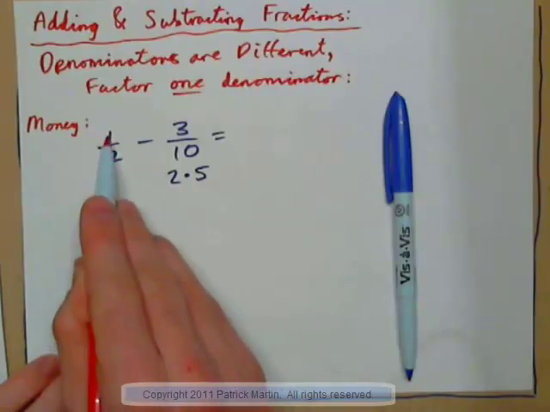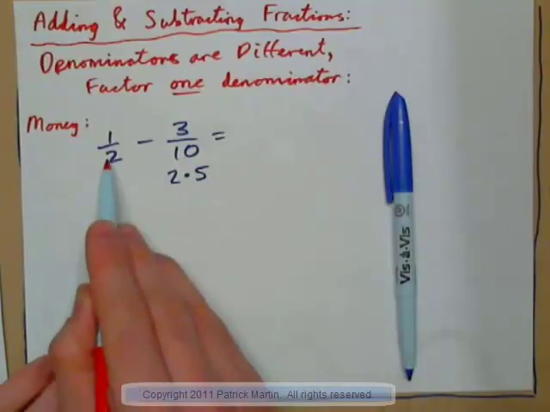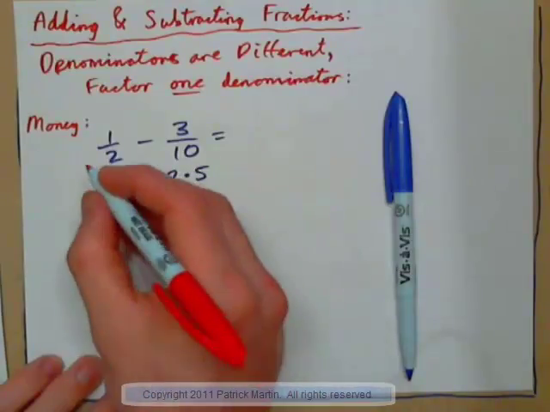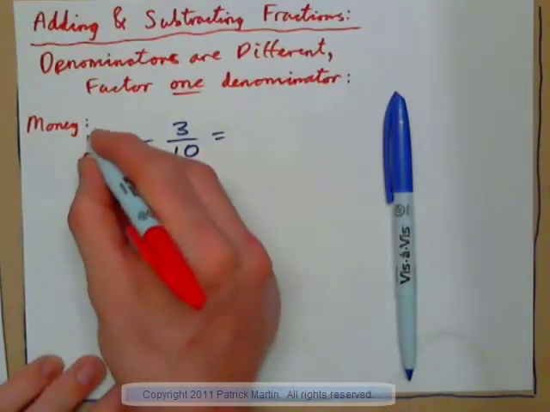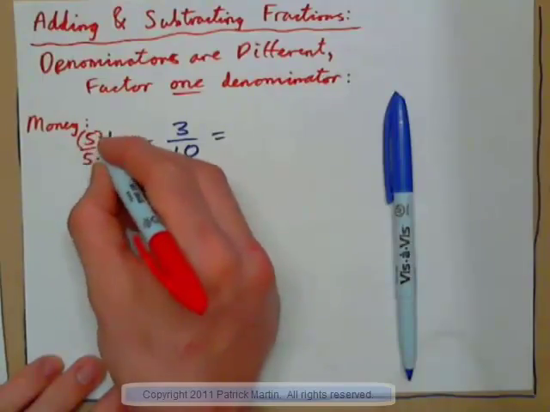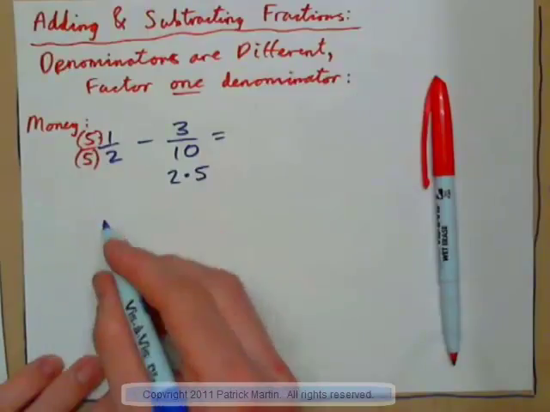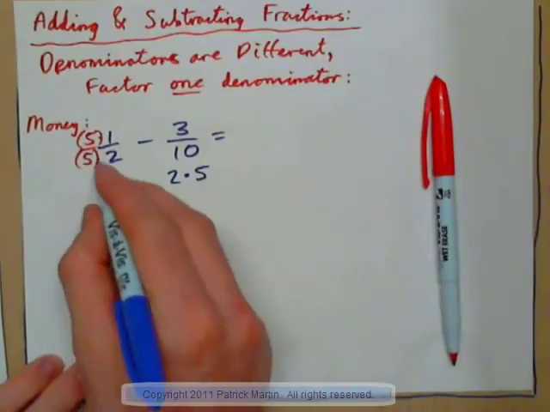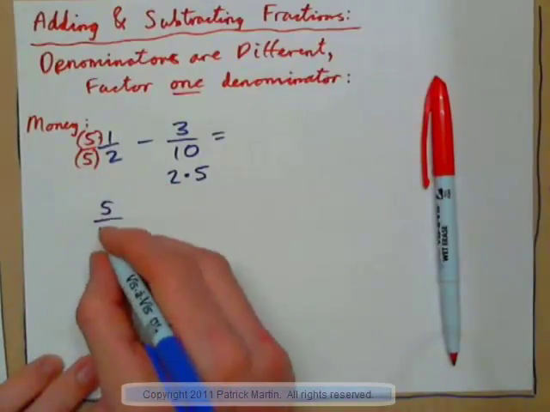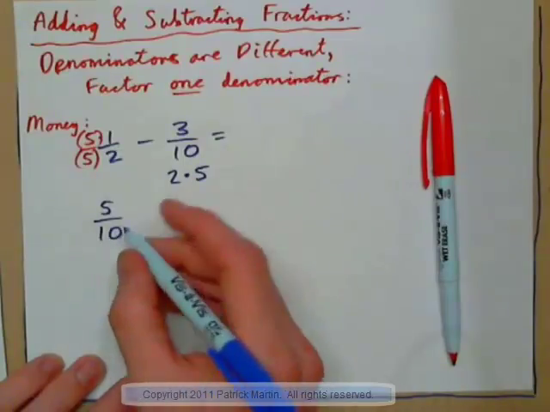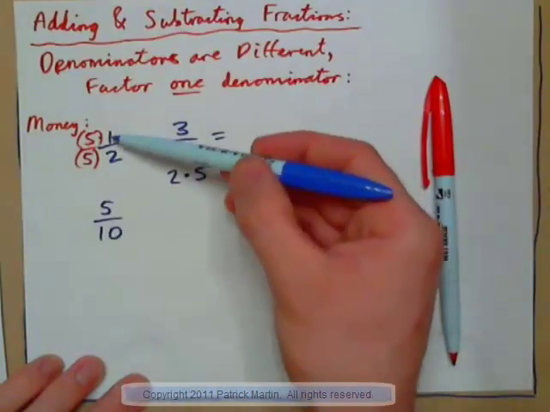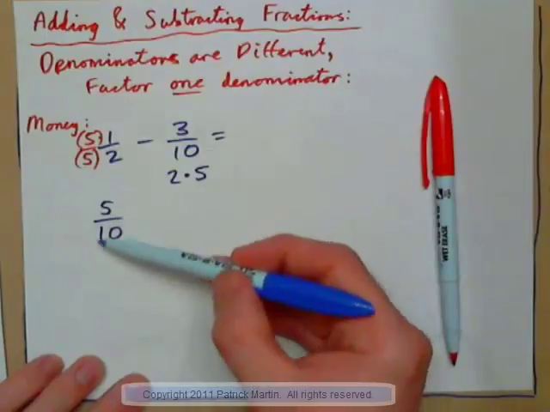So to make this the same as this, we've got to multiply this by 5 over 5. And now our half becomes 5 over 5 times 1 is 5, 5 times 2 is 10. It becomes 5/10. So the interesting thing is this half of a dollar has now been changed to 5 dimes.